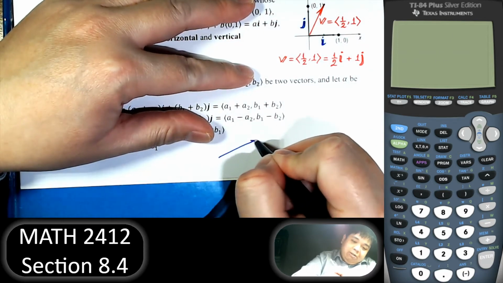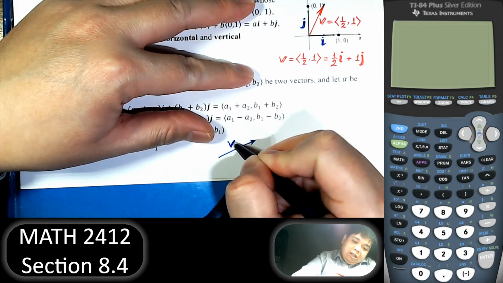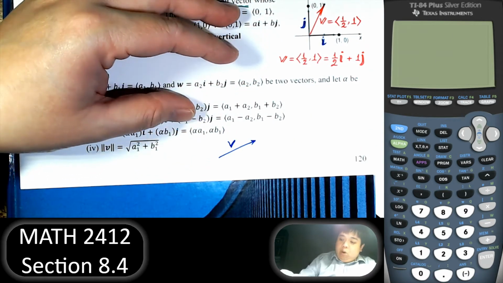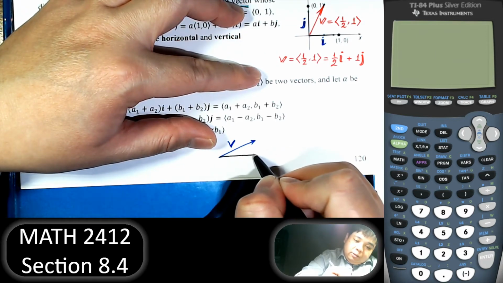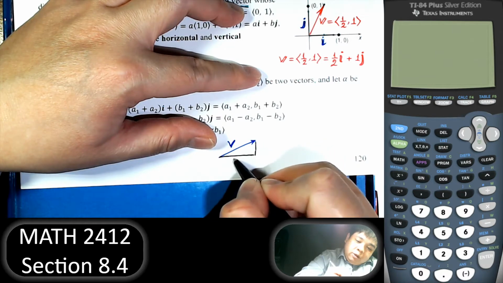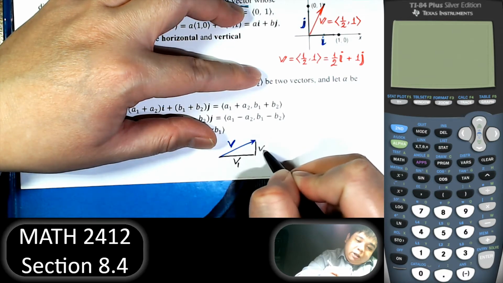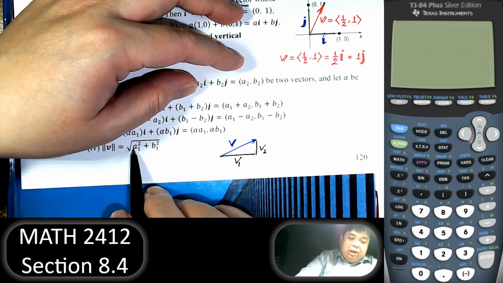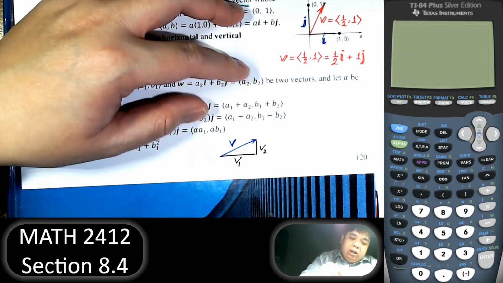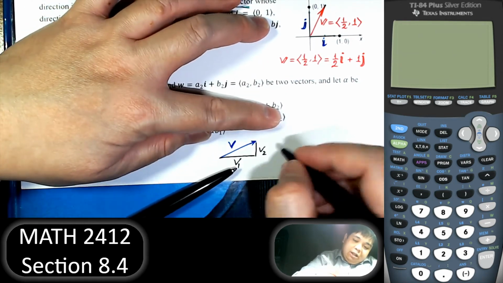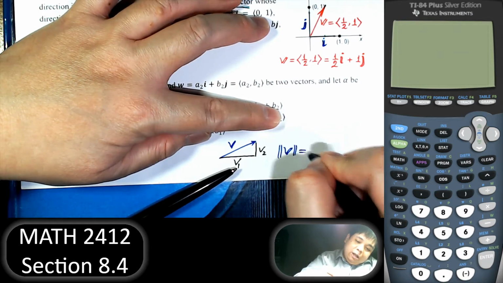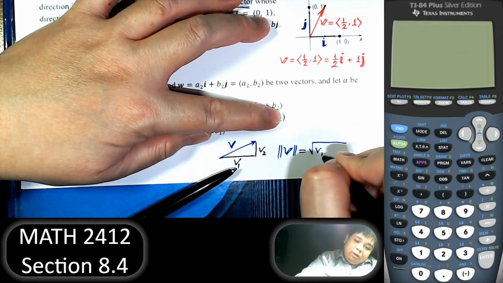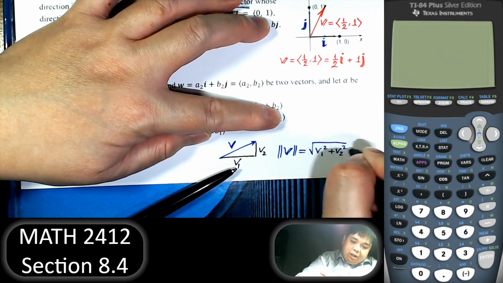If the vector v is like that, which has two components, v1, v2, or we say a1, b1, then of course the magnitude of v is equal to the square root of v1 squared plus v2 squared.